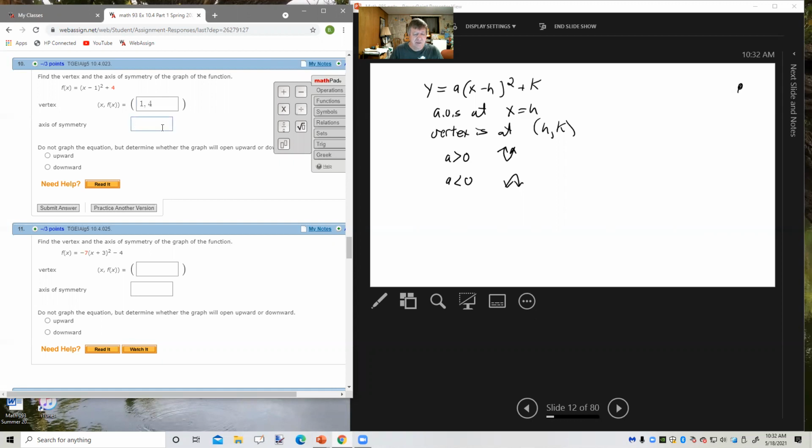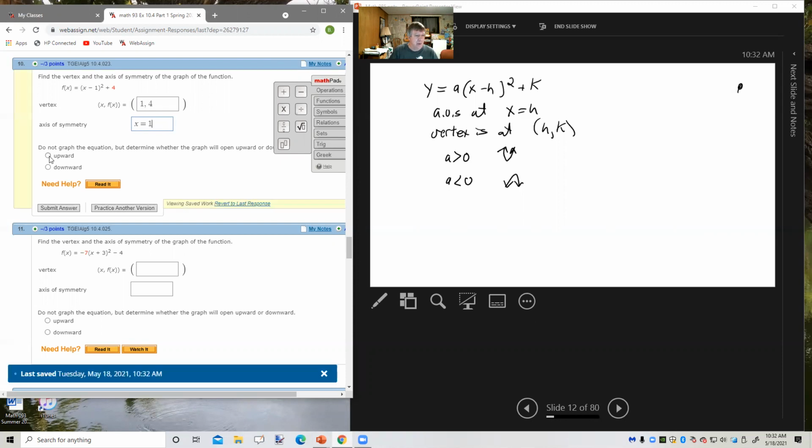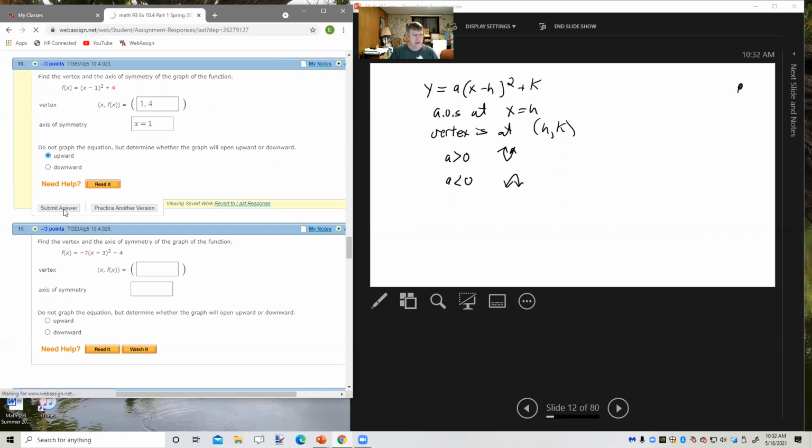So the axis of symmetry is at x equals 1, not just 1, but x equals 1. Since a is not listed here, a is an implied positive 1, so the parabola opens upwards. So let's see how that checks out.